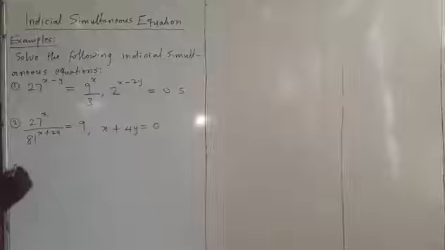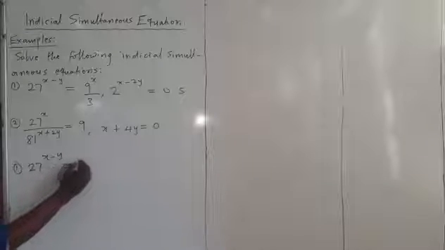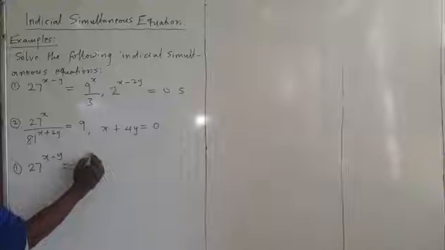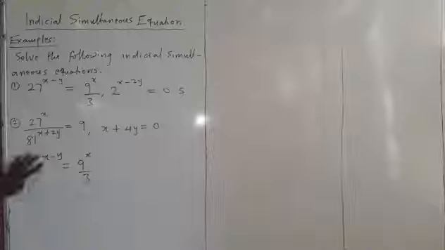Number 1. The question is 27 raised to power x minus y equals 9 raised to power x all over 3. So let's try to reduce this equation. What we are looking for is the linear equation from this indicial equation.